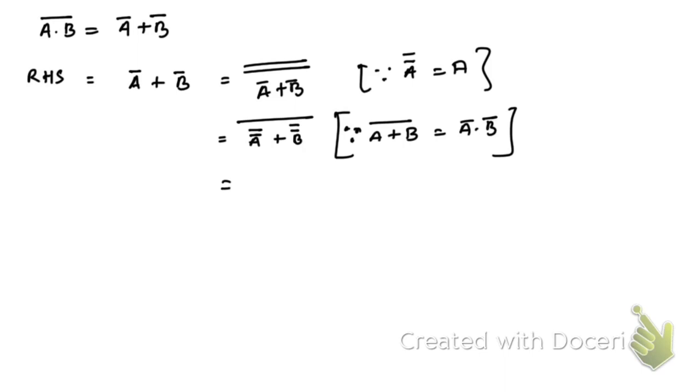And again complement of complement A is A, so this is going to be A, and this one is going to be B. So what we have got is A and B according to this property, and this is nothing but your left hand side.